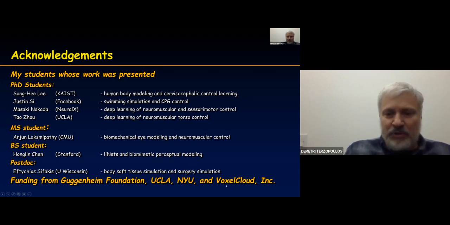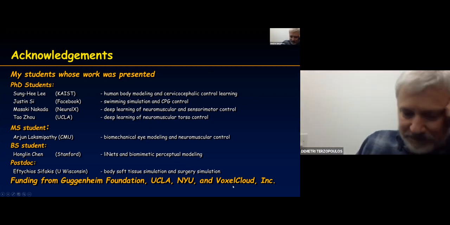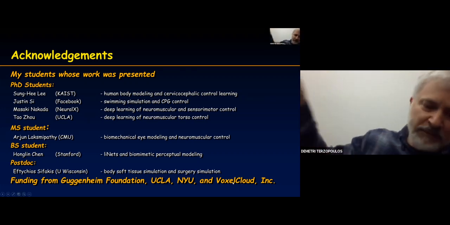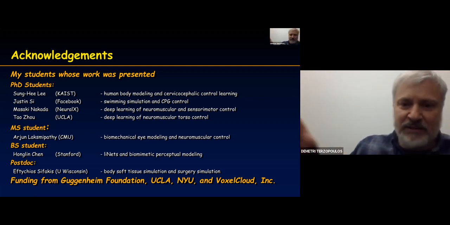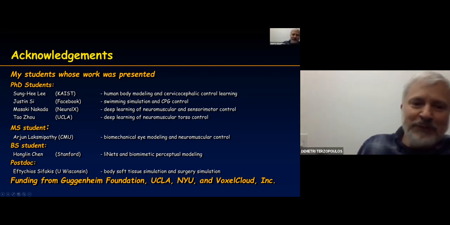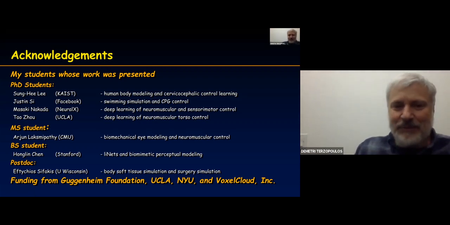And most of the funding is actually coming from Voxel Cloud, which supports the students. This is my startup company, which is not involved in this work, but it's deep learning for medical image analysis. I can kind of give funding to myself from Voxel Cloud, where I can use that for student support, and then have them do wonderful work like this.